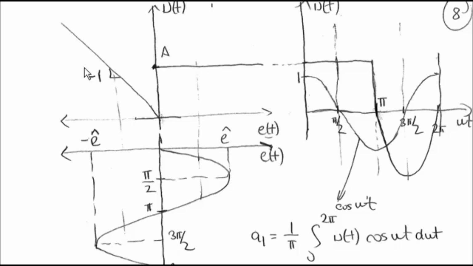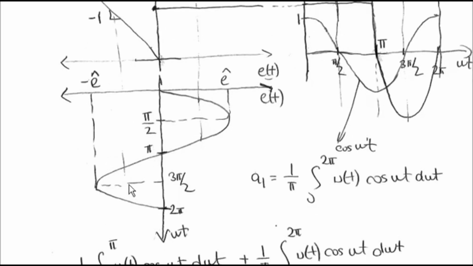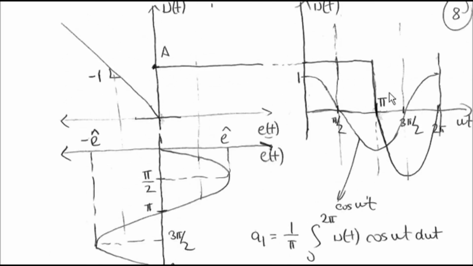You can think about any nonlinear shape here, as long as it is single valued, as long as it is a static nonlinearity, the output u of t in the interval from 0 to pi will be symmetric with respect to pi over 2, and in the interval from pi to 2 pi, it will be symmetric with respect to 3 pi over 2, due to the static property of the nonlinearity.